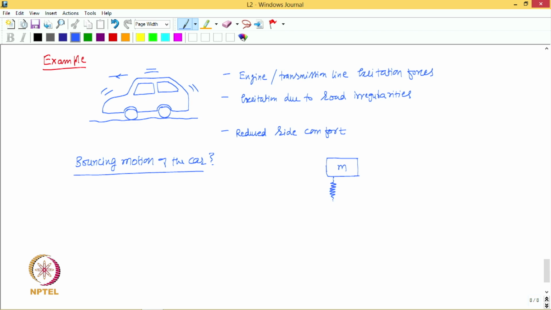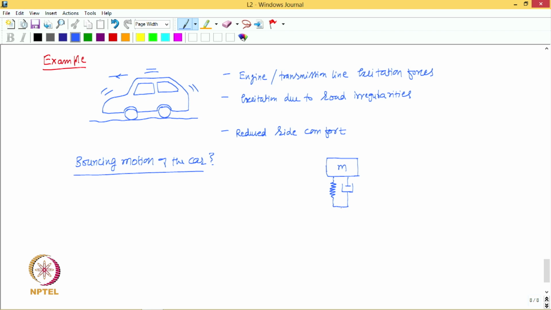We also have some damping, because there would be some loss of energy when the tire flexes and the suspension deforms. We can represent that energy loss by a viscous damper like this.